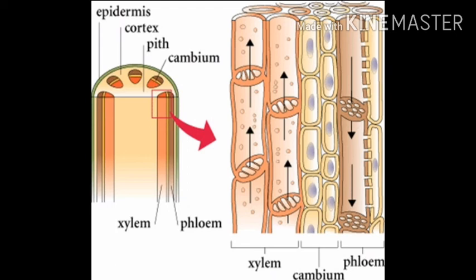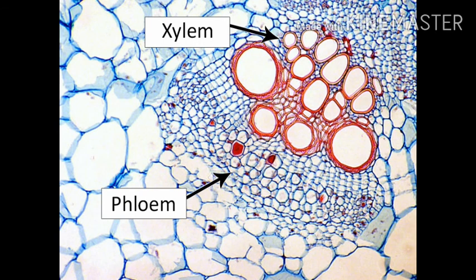Xylem transports water and soluble minerals only in the upward direction, whereas phloem transports the food materials in both directions. So these are the differences between xylem tissue and phloem tissue.